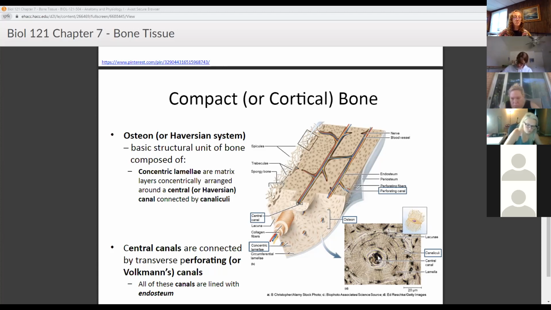Well, the blood vessels and nerves in compact bone are found in the central canals. So how do osteocytes out here get nutrients and be able to eliminate waste, because we have to do that to have a living cell.